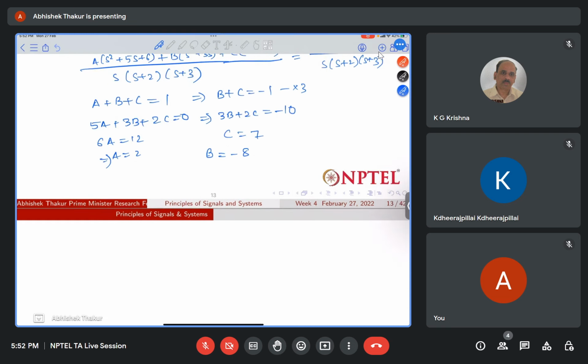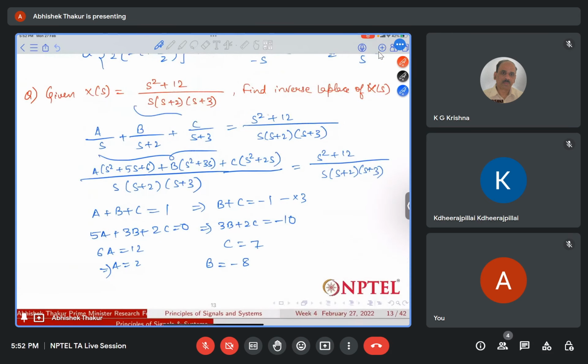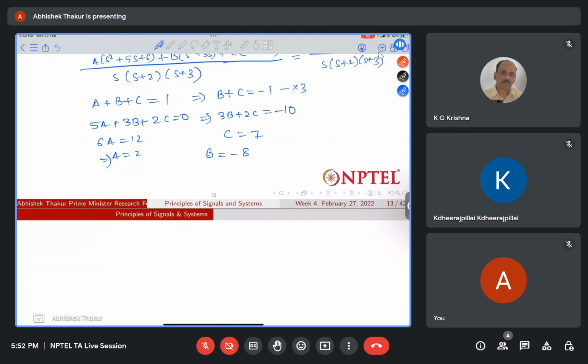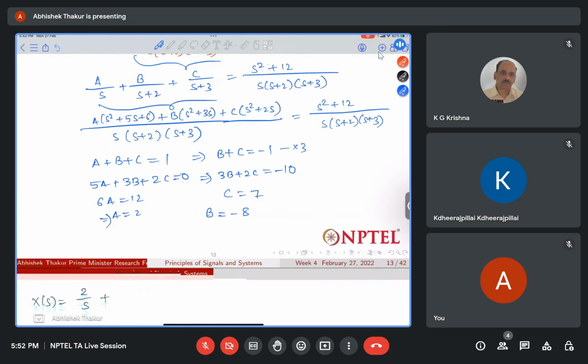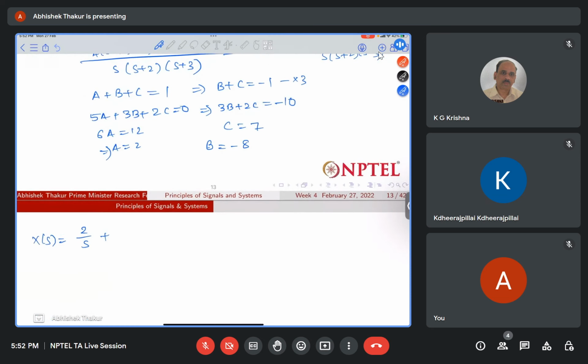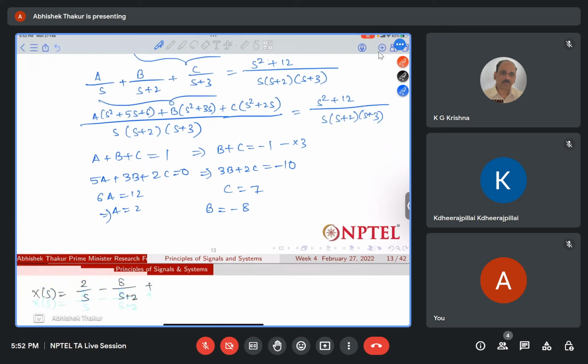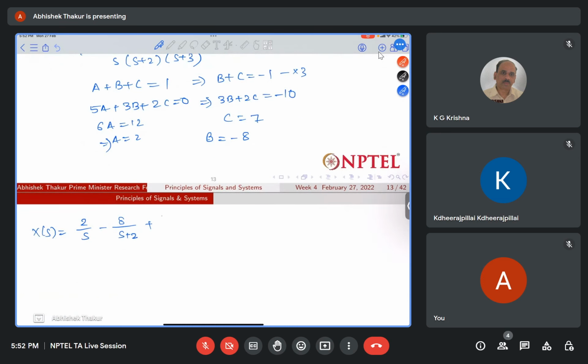So we can write this whole term now like this: a by s, that is 2 by s, plus b, that is minus 8 by s plus 2, and c is 7 by s plus 3. Now we can easily do the inverse.